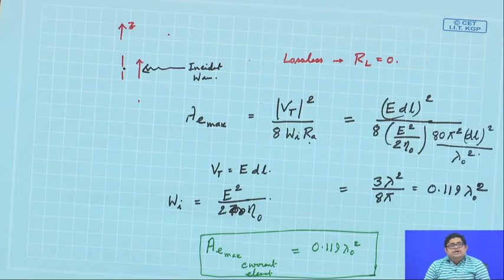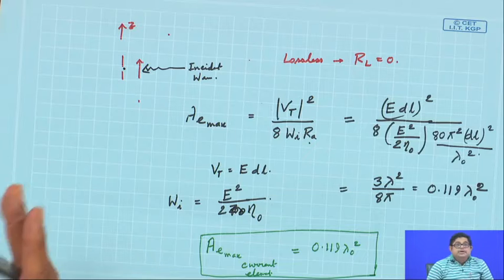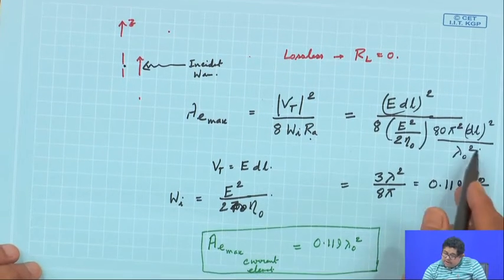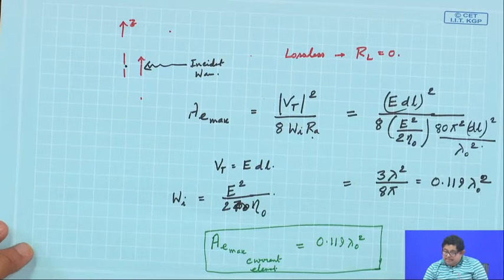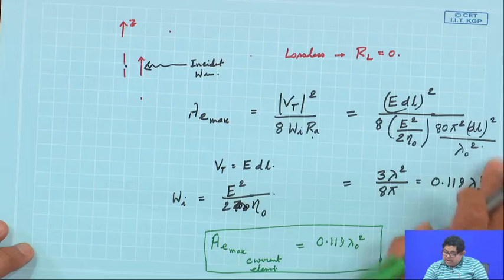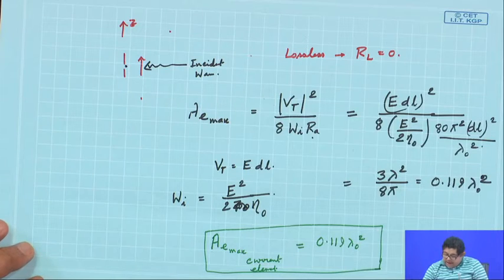Obviously, the losses for this type of current element are quite small, but if the loss is sizable, that means the radiation resistance, 80 pi square d l square by lambda naught square, is also very high.